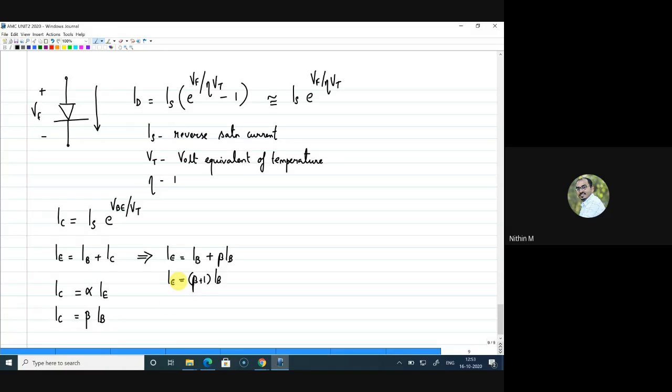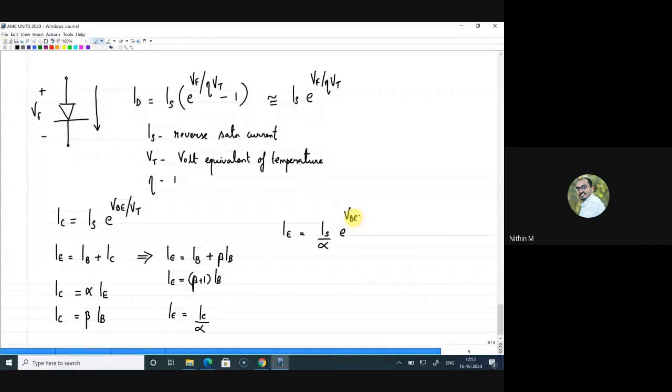Now I know the emitter current is IC by alpha. So the expression for emitter current is Is by alpha into e to the power of VBE by VT. The difference is that the emitter current will be slightly larger than the collector current.